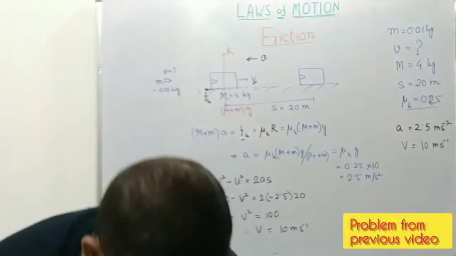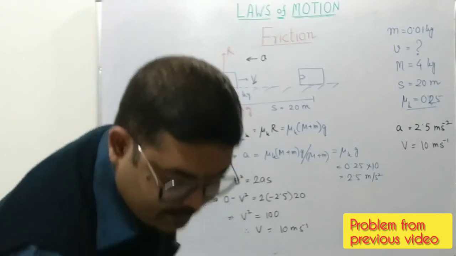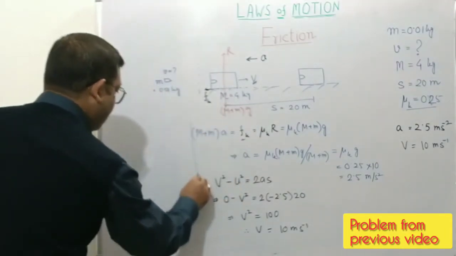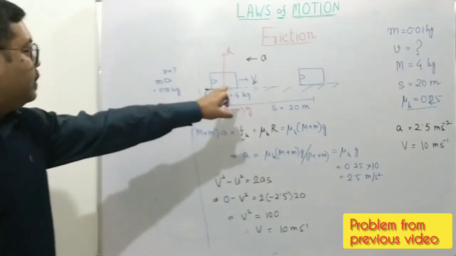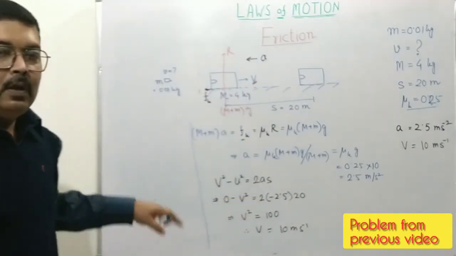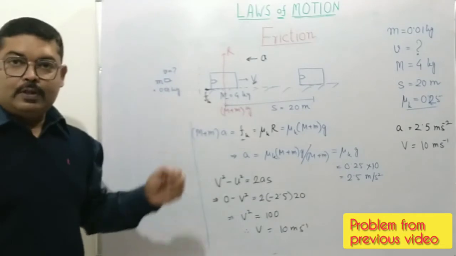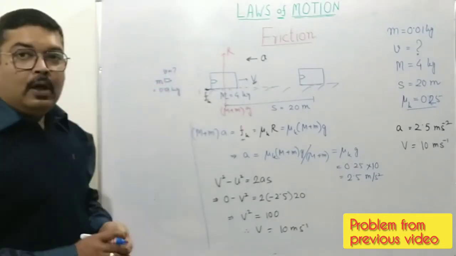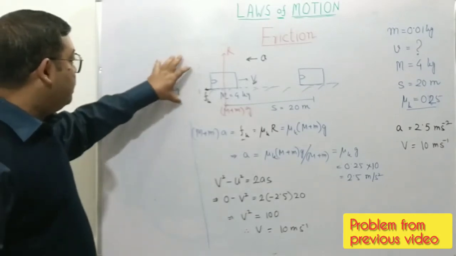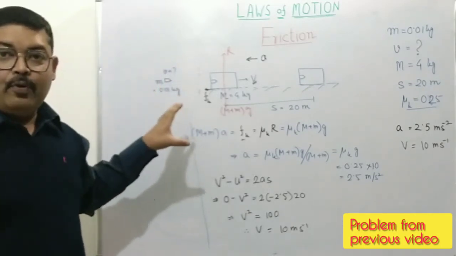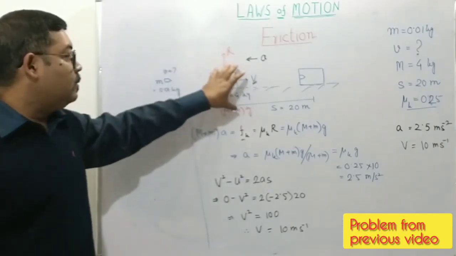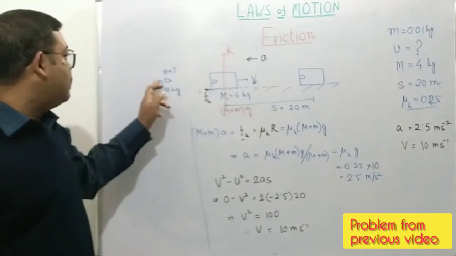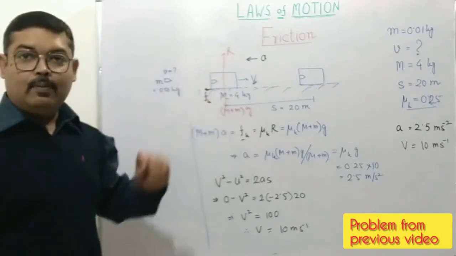If it is so, and we have seen that there is no external force in the system, there is only friction and the force that is applied. Since there is no external force, the initial momentum of the system will be equal to the momentum of the system just after the collision has taken place, or just after the bullet has hit the block.